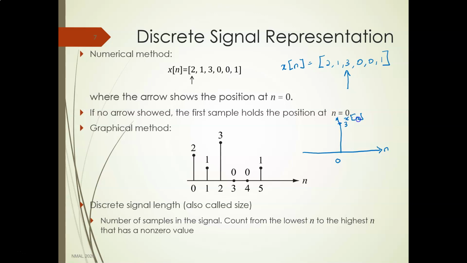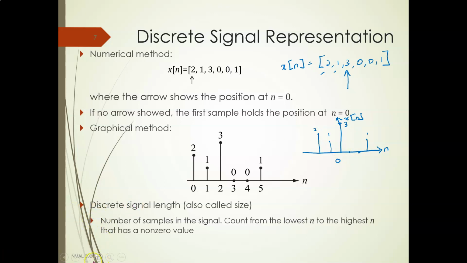So this is your x[n]. For n equal to 1, the value is 0. n equal to 2, the value is 0. n equal to 3, the value is 1. And these values are at n equal to -1 and n equal to -2. This is how you write.